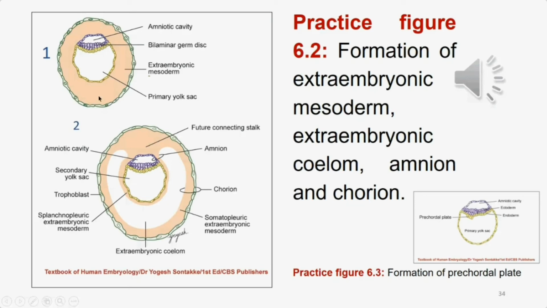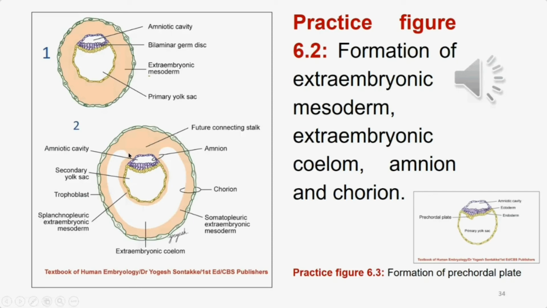How is the extra-embryonic mesoderm formed? The cells lining the primary yolk sac proliferate, and they form the extra-embryonic mesoderm.